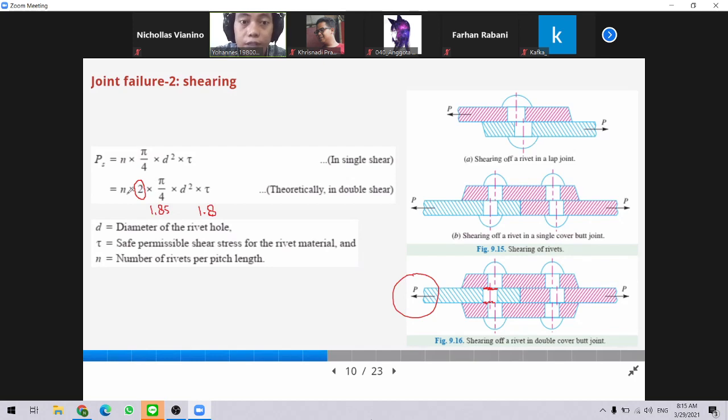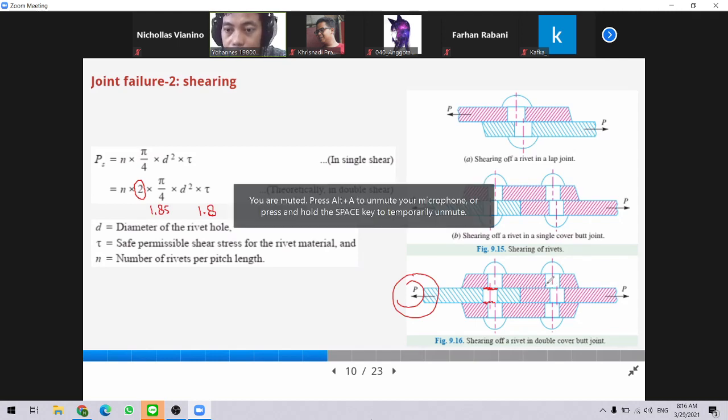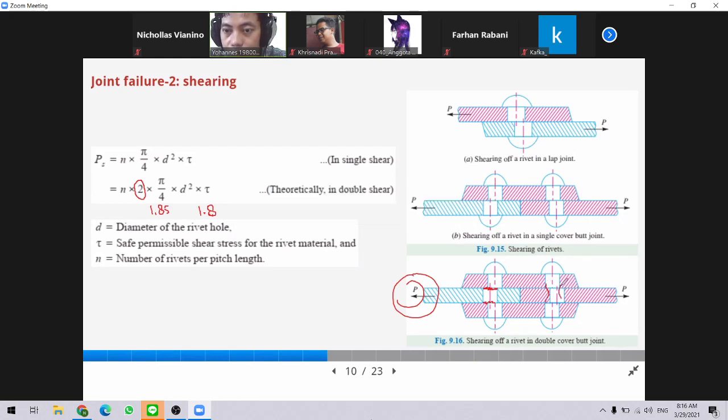Even theoretically it is true, but maybe because of the deformation during loading, it has necking here. So maybe the body of the rivet shrinks like this, so the shearing area becomes smaller. So that's why they put this value instead of 2.